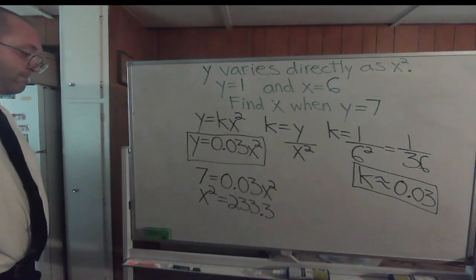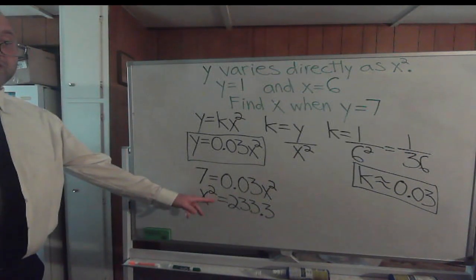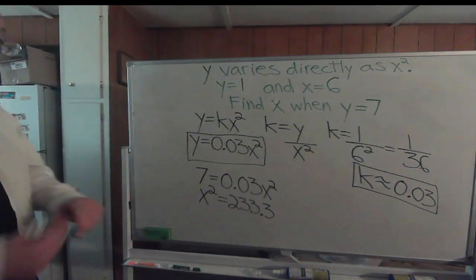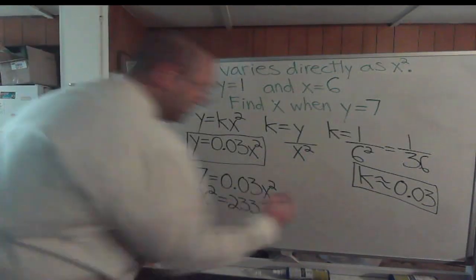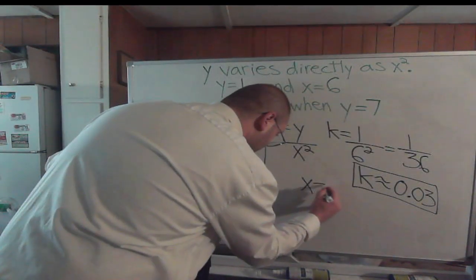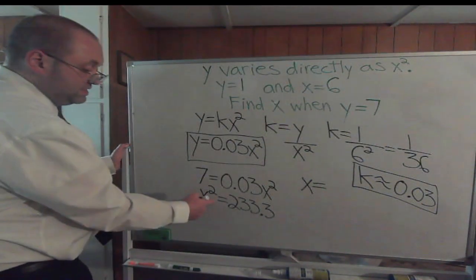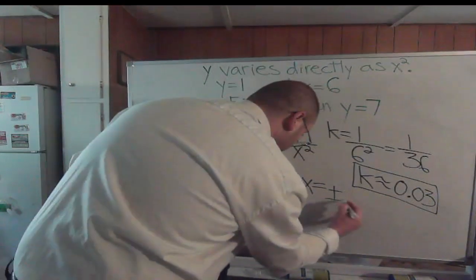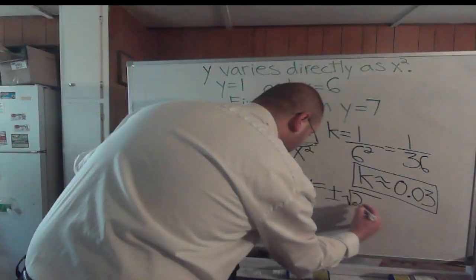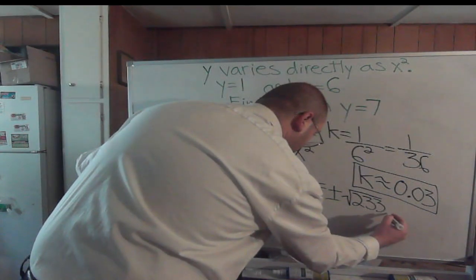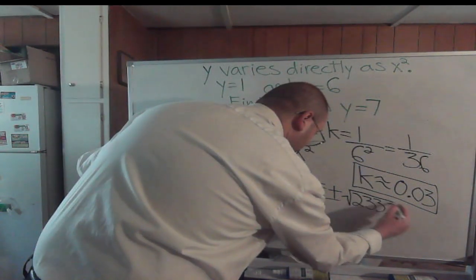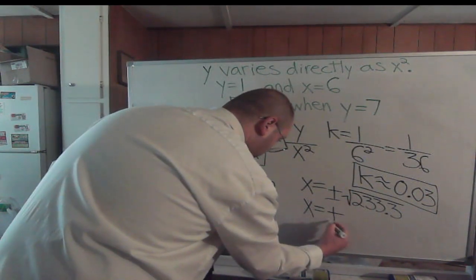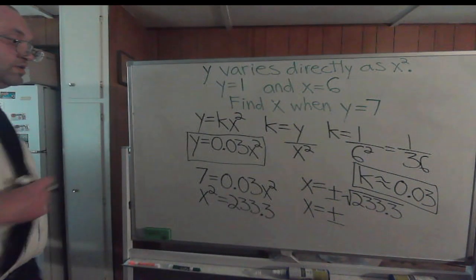Well, that's great, we have x squared, but we want to just solve for x, right? So since we have x squared, we got to take the square root of x squared, which is x. That'll be equal to, since it's to the second power, you got to take plus or minus the square root of 233.3.